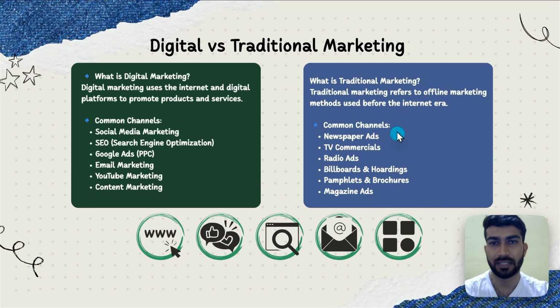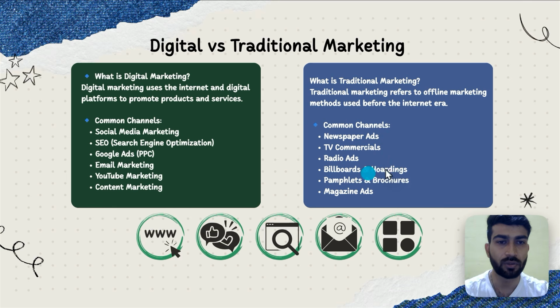But I would like to explain one concept here. If you are doing traditional marketing, can you target the audience? I would say no. The reason is that when you run newspaper ads, all the people, all ages, all genders, everyone can see that ad, right?